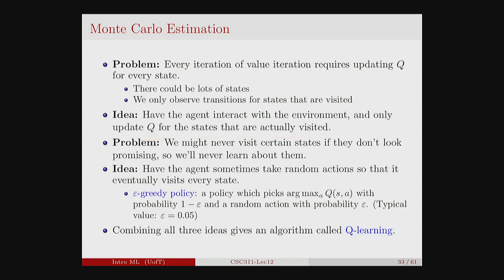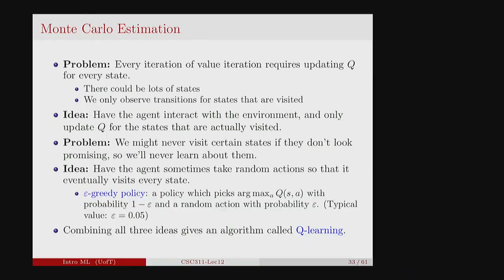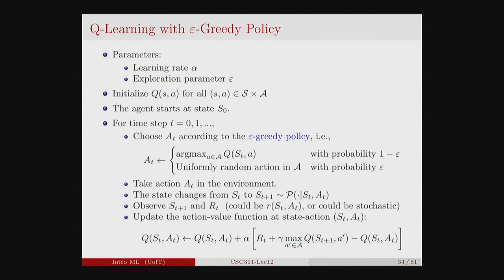But if we do this, we might never visit certain states simply because they don't look promising, and we'll never learn about them. So what do we end up doing in this case? The idea is to have an agent that takes random actions, and this idea has a name, it's called epsilon greedy. The epsilon greedy algorithm is very simple. You're going to randomly initialize Q of SA, so your Q matrix.